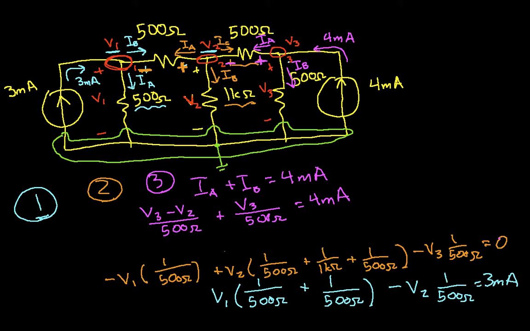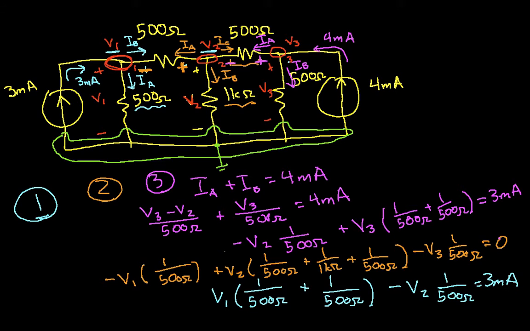Okay, again, I can collect terms here, so I can collect all the V2s and V3s, and I'll have minus V2 times 1 over 500 ohms plus V3 times 1 over 500 ohms plus 1 over 500 ohms is equal to 3 milliamps.